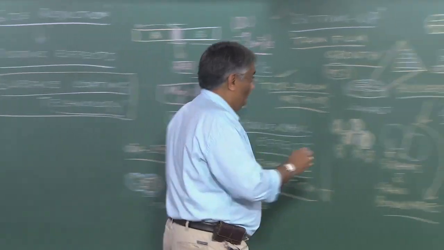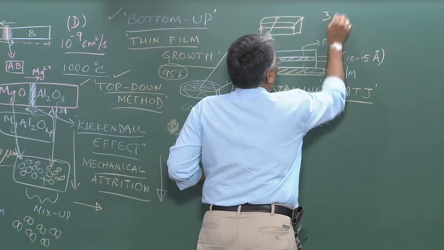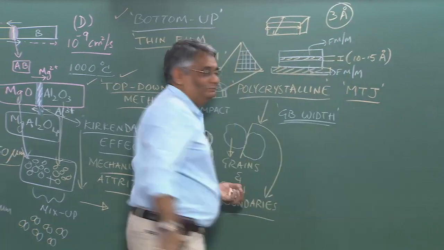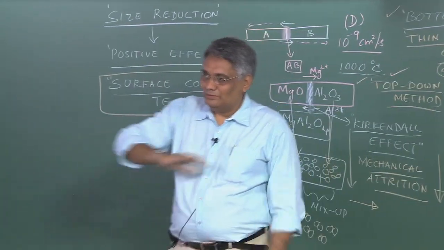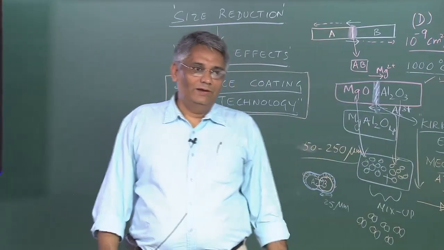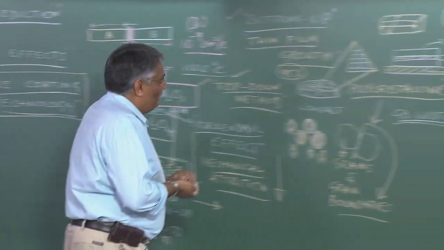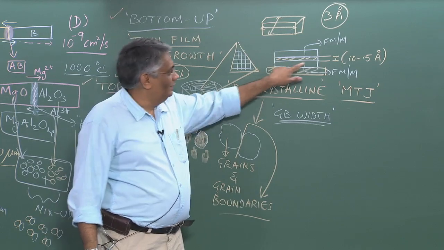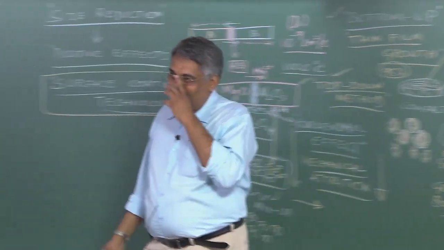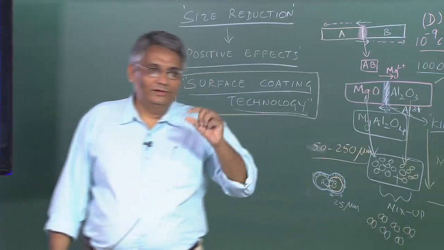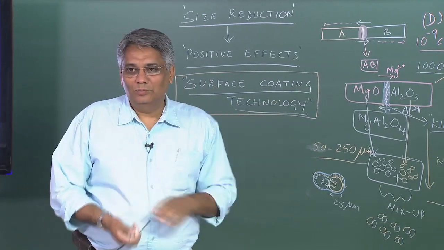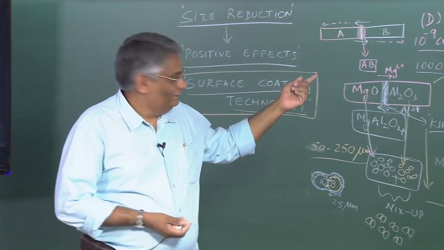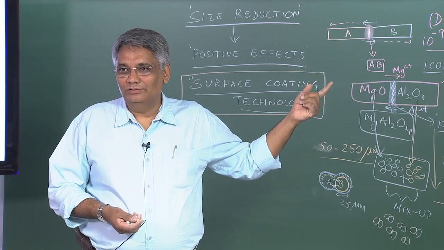I said you need to have surface roughness of the order of 3 angstroms. 3 angstroms gives you what is called an atomically flat surface. Right. Now, what do you have here? The insulating barrier, which is 10 to 15 angstroms in thickness, is exactly like a grain boundary. It's an artificially created grain boundary.